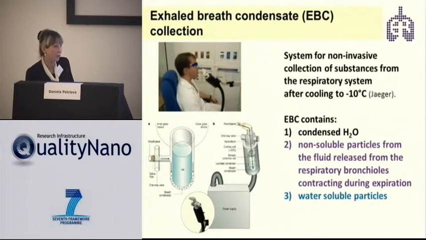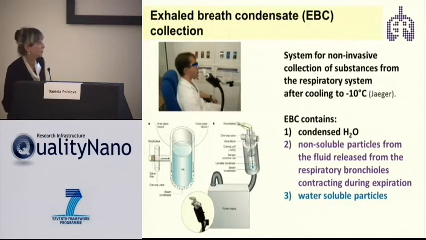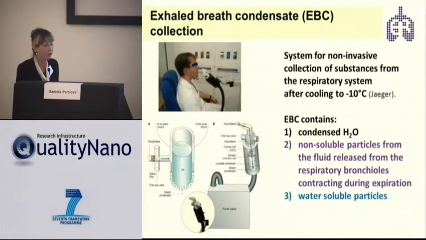We have heard something about exhaled breath condensate in the previous speech, but I'd like to show you what it really looks like.